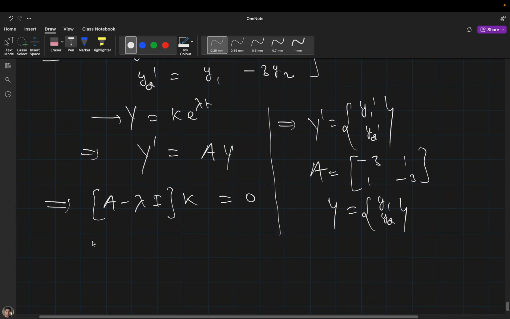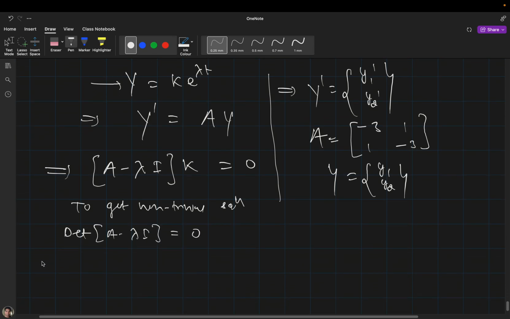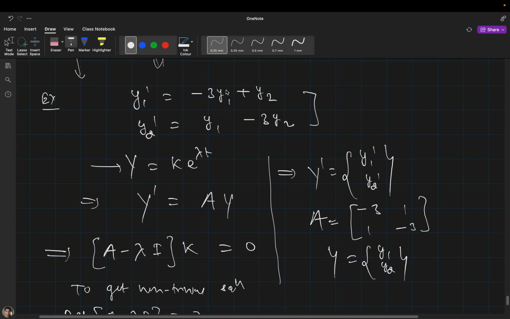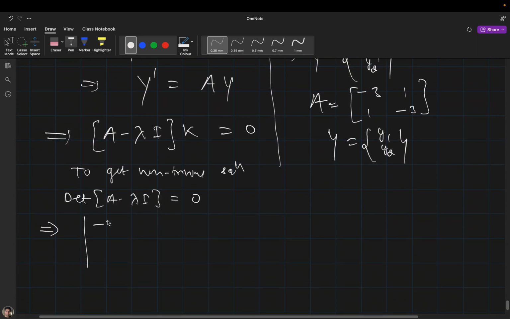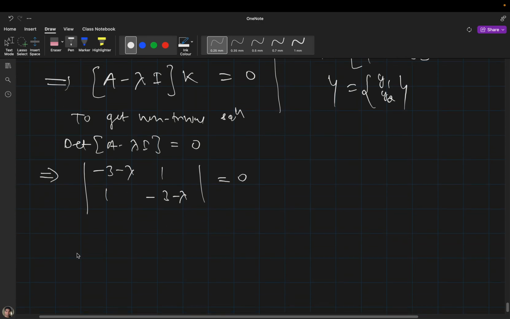To get the non-trivial solution, the determinant of this must be equal to 0. And for that, the determinant will be minus 3 minus lambda, 1, 1, minus 3 minus lambda equal to 0.